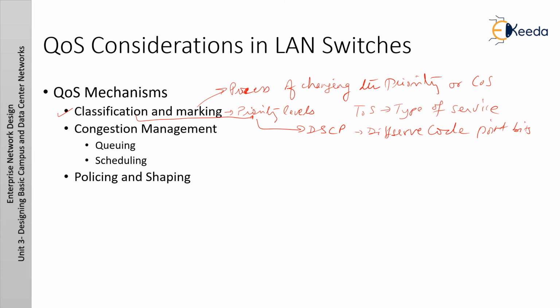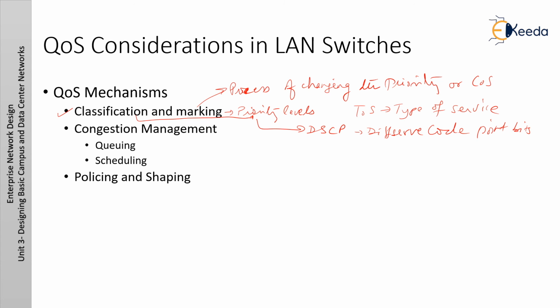So the two models exist for deploying end-to-end quality of services in a network for traffic that is not suitable for best effort services: integrated services and differentiated services, DiffServ. End-to-end quality of services mean that the network provides the level of service required by traffic throughout the entire network from one end to other.